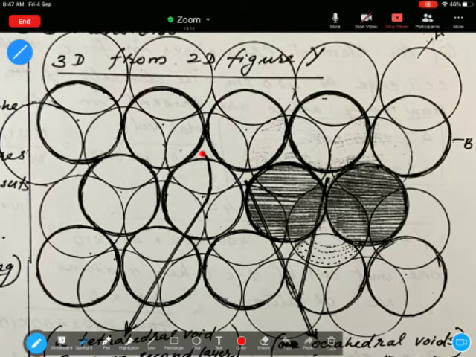See here, then you cannot keep a ball on this. This is a tetrahedral void, this is an octahedral void. If you keep a ball on tetrahedral voids, then you cannot keep on octahedral voids. You see this gap, this is a tetrahedral void.